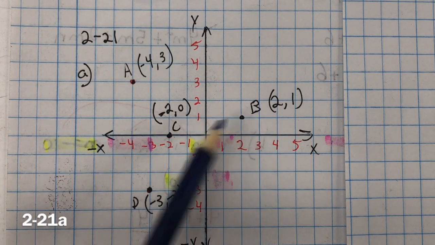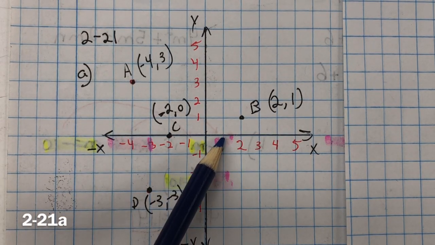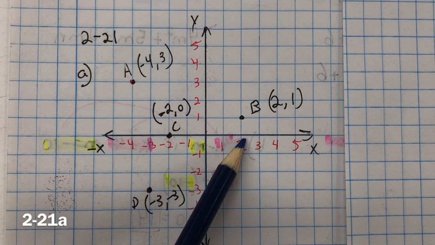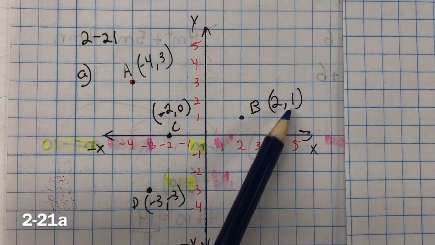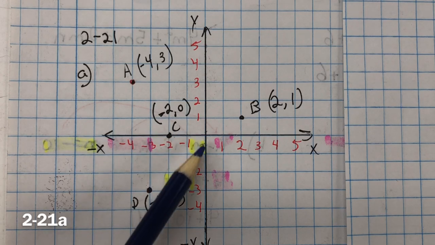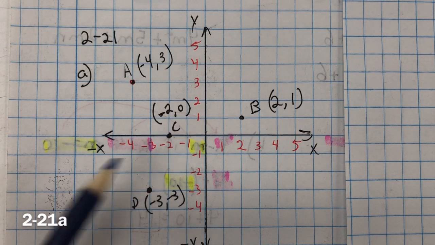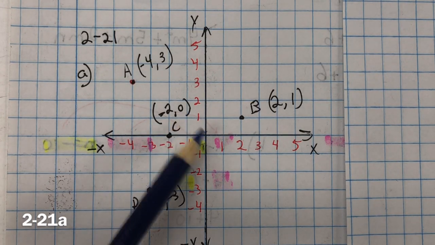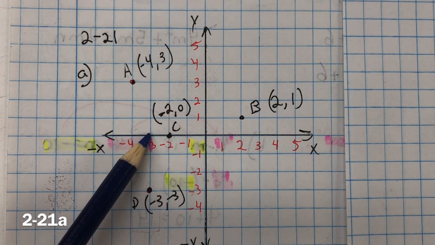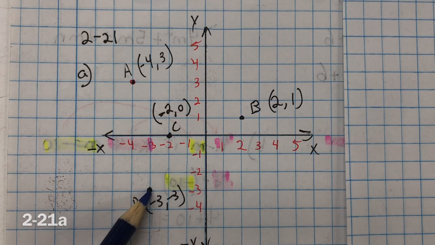For B, +1, 2 on the x, +1 on the y, so 2, 1. C is -1, -2 on the x, and you're not going anywhere on the y-axis, so you stay at 0, so -2, 0. D is -3 on the x, -3 on the y.